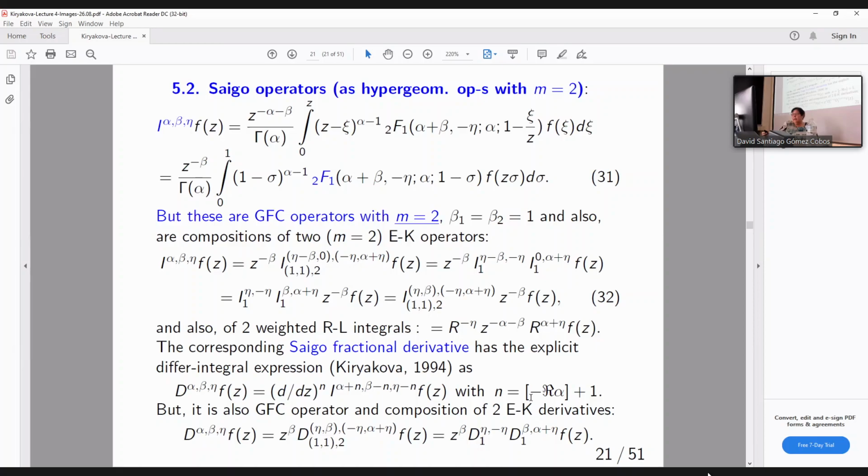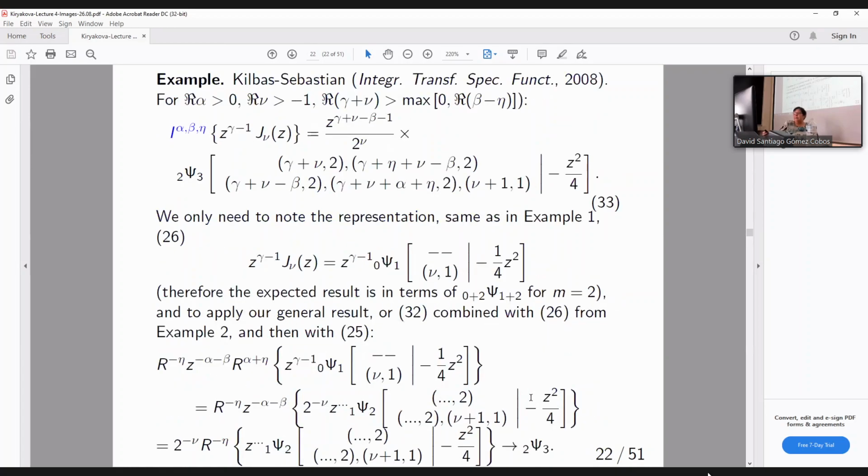job. The compositions have the Erdélyi-Kober integrals of such special functions already. And the same they consider for Saigo fractional derivatives, of course. And again, some examples of works. For example, the Saigo operator of the Bessel function was evaluated to be a 2 psi 3 function.